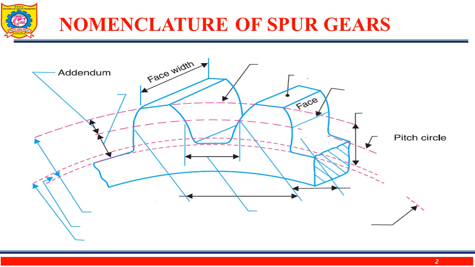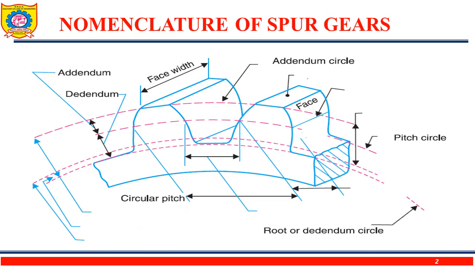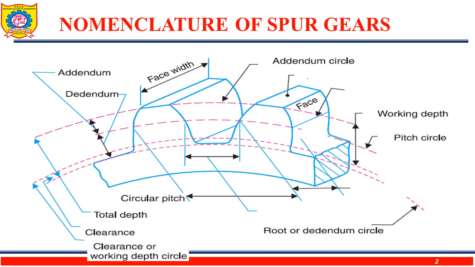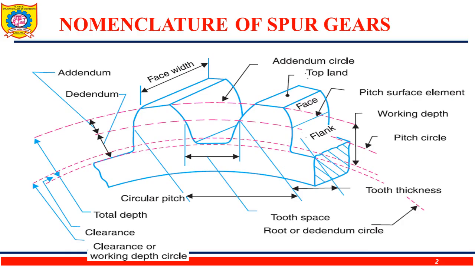So pitch circle, then addendum, face width, face, then dedendum circle, root or dedendum circle, circular pitch, total depth, working depth, clearance or working depth circle, pitch surface element, tooth thickness, tooth space, flank, top land. Now let us learn all these terminologies one by one.